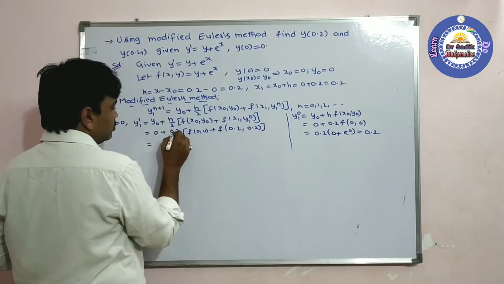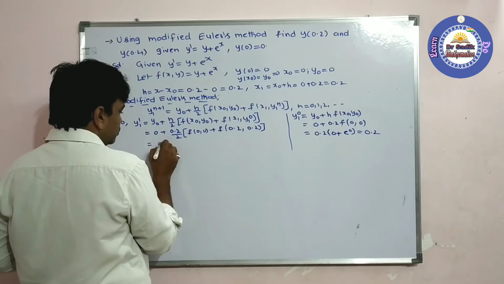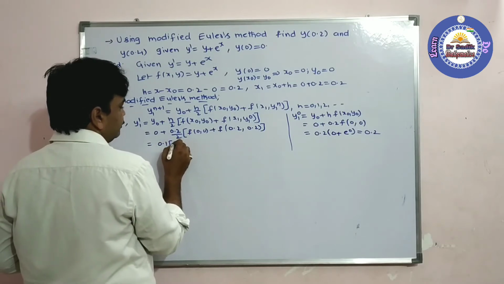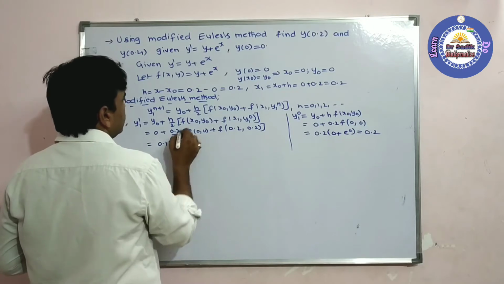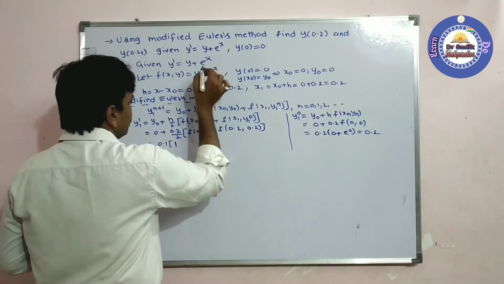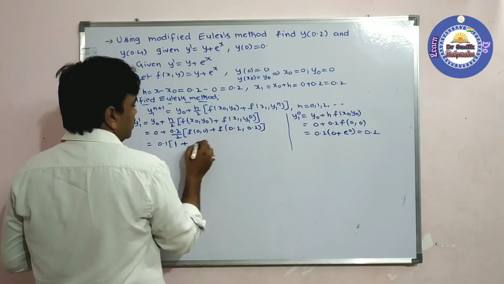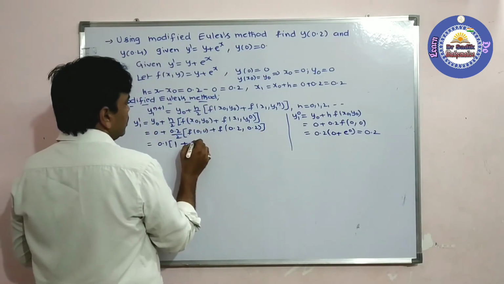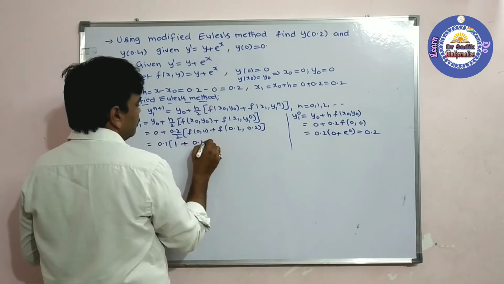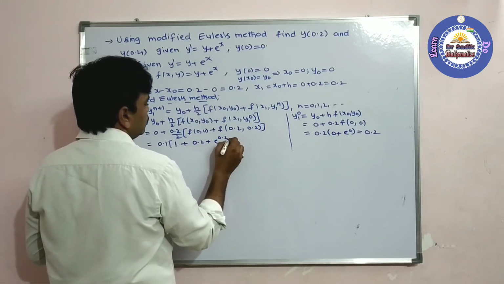So that is equal to 0.1. For f(0, 0) we get 1, because the y value is 0 and e^0 is 1, plus f(0.2, 0.2), so 0.2 plus e^0.2, bracket close.